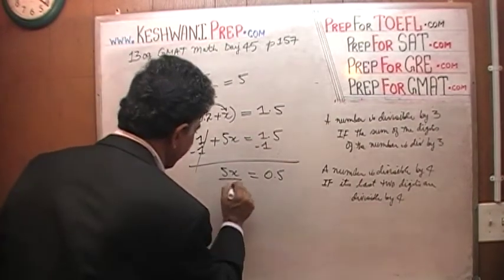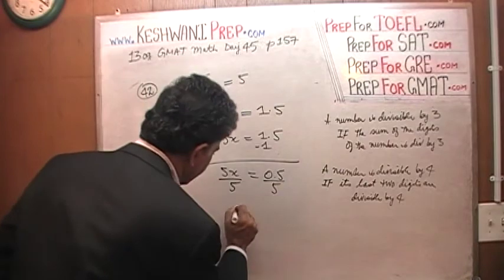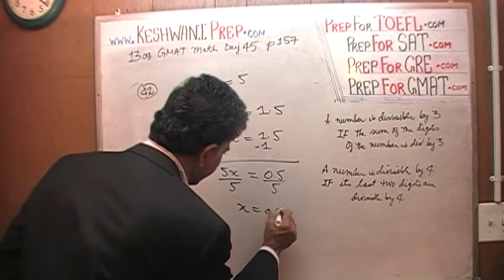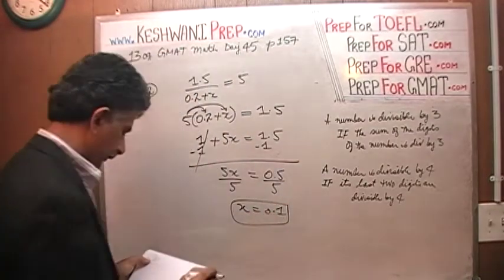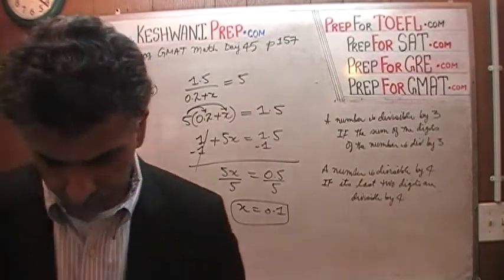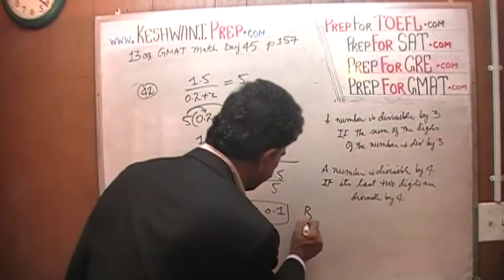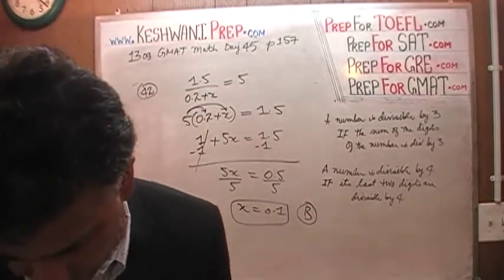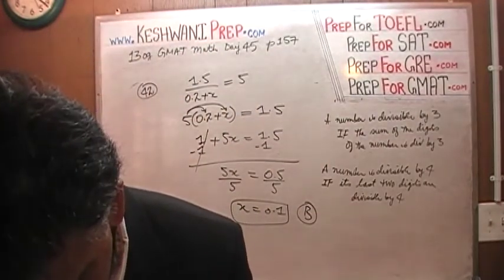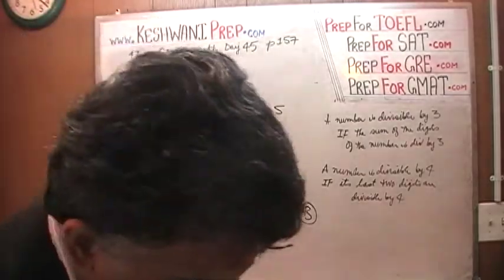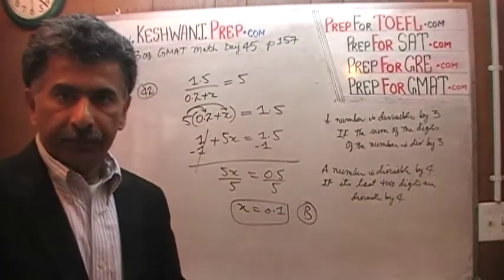Therefore if you divide both sides by 5 you end up with x equals 0.1. Voila, that's it. 0.1 is the answer, and the answer is B. Again, I'm going to quickly look in the back. Number 42 is B. That's all. I'll see you tomorrow, okay? Bye now.